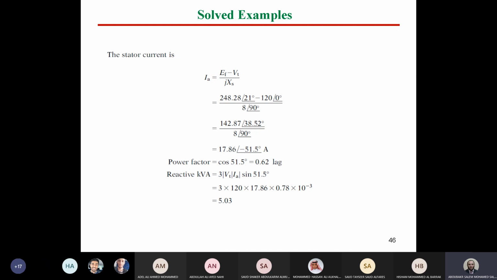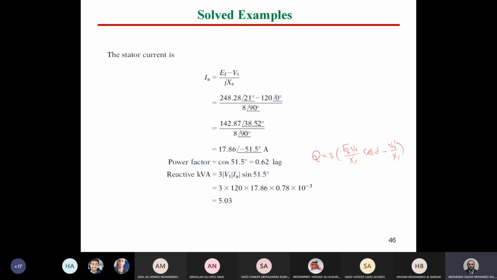What is the value of Q? How can we calculate Q? There are two different ways to calculate reactive power, either by using the general formula of the reactive power, 3 V phase I phase sine phi, or you can calculate it using the relation Q equals 3, because it is three phase, multiplied by (EF V terminal over XS cosine delta minus V terminal square over XS).